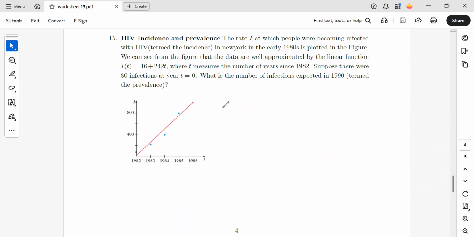Okay, so for this question, let P of t be the prevalence in year t, that is the number of infections. So we're given that dP over dt is basically I of t, which is 16 plus 242t.